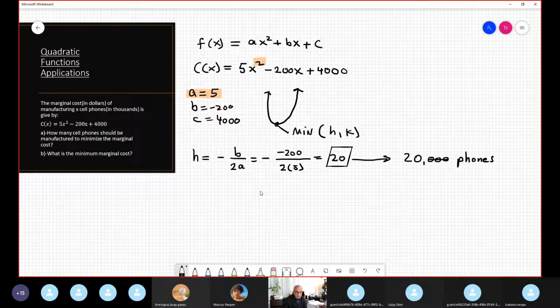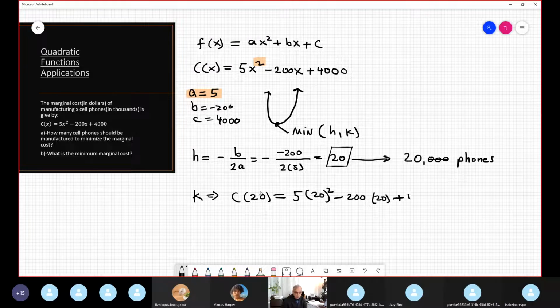Now k represents the cost, the minimum cost. Evaluate the function at 20, that is 5 times 20 squared minus 200 times 20 plus 4,000.